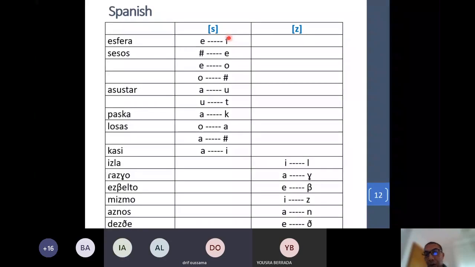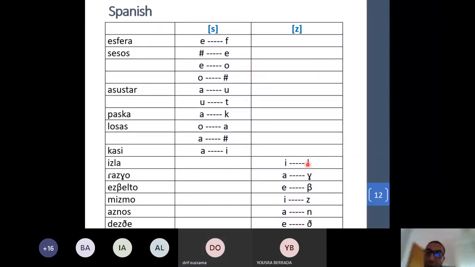For Z, in the right environment, we only have voiced consonants. L is voiced, R is voiced, Z is voiced, N is voiced. So the right environment is a very important determinant for the occurrence of Z. Z only occurs before voiced consonants.